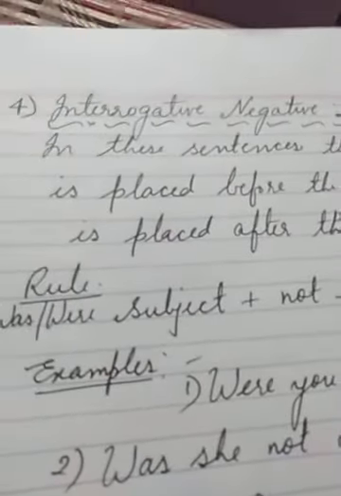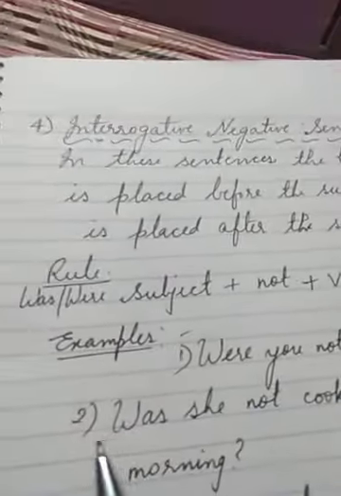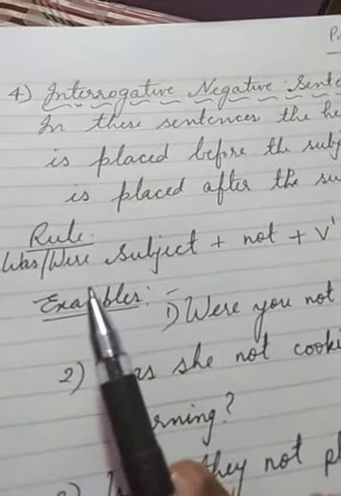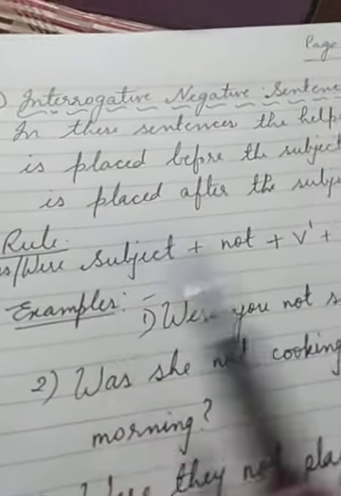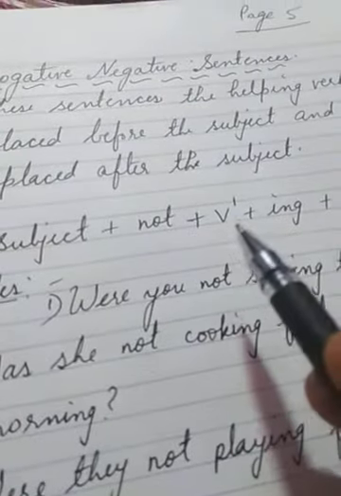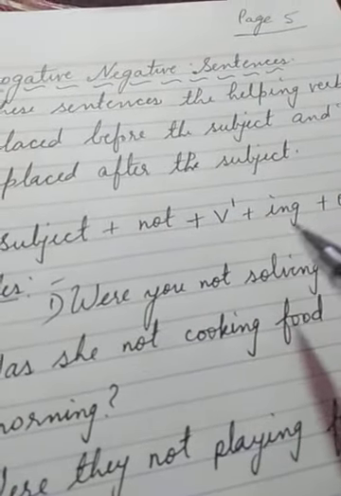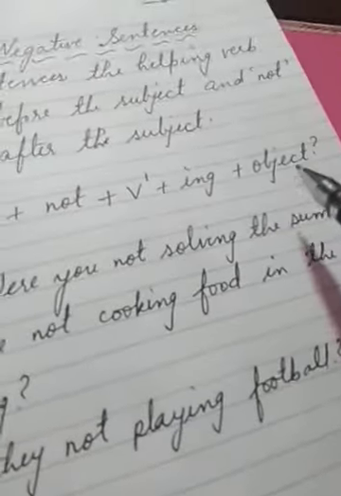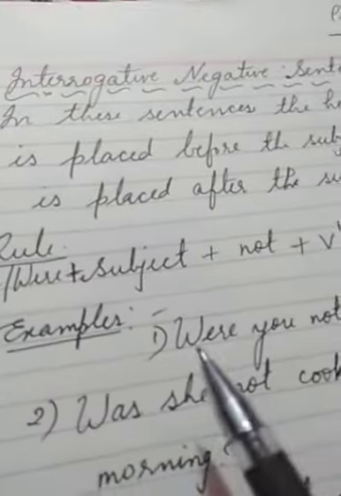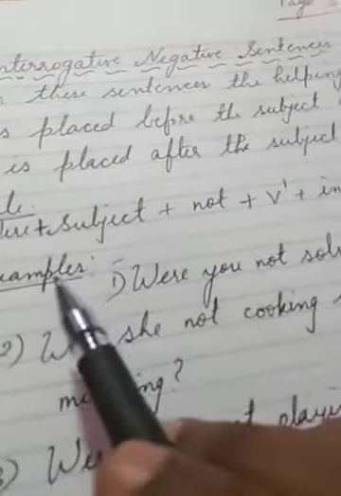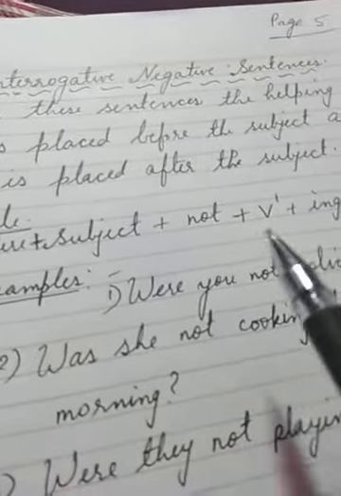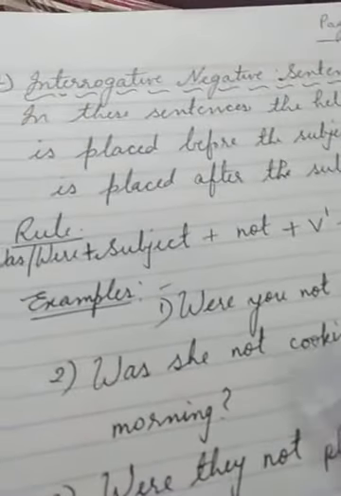So don't confuse. Rule is: was or were plus subject plus not plus verb first form plus ing plus object plus question mark. So this is the rule for the interrogative negative sentences.